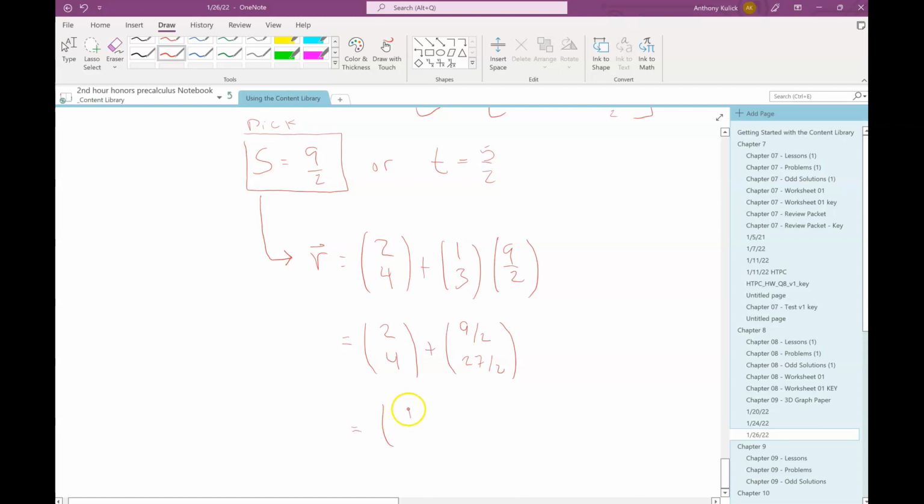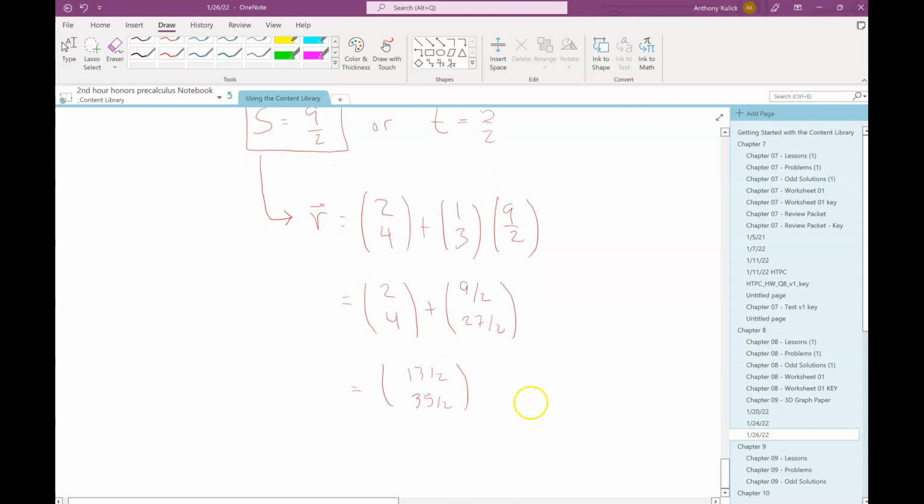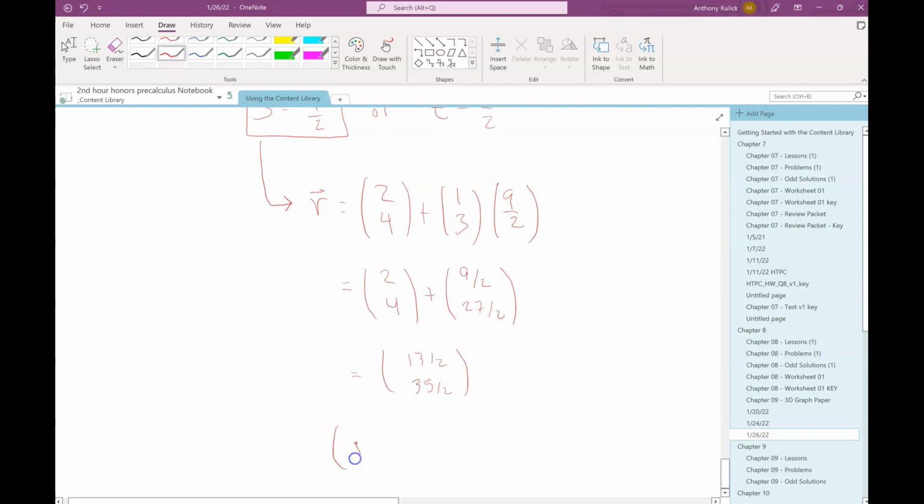That's 4, so 13/2. And that's 8, so 35/2. So here's your point of intersection then.